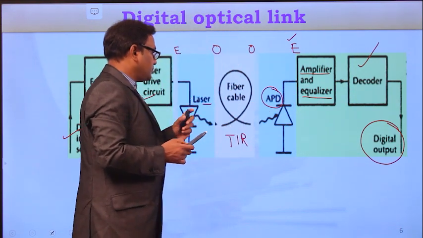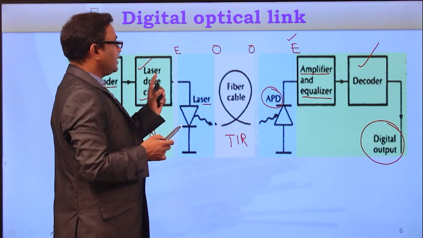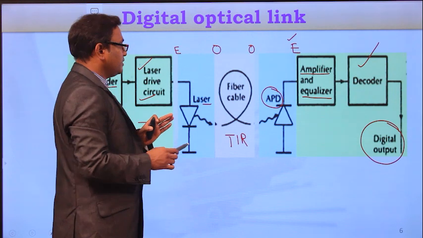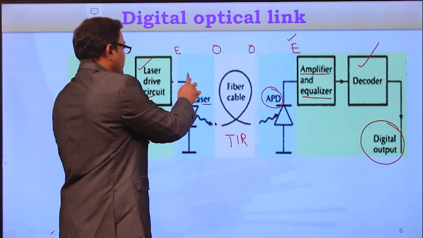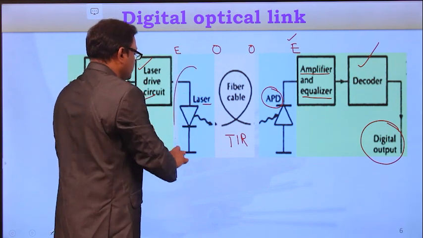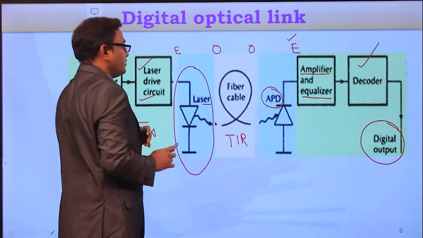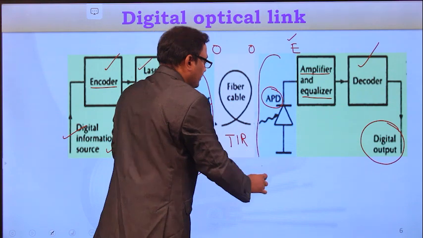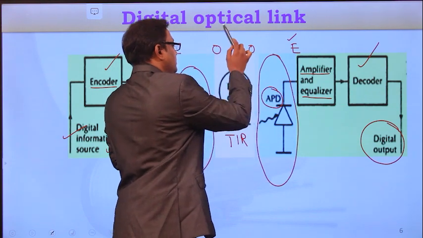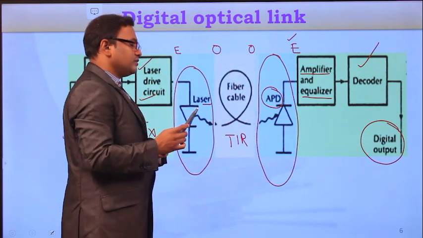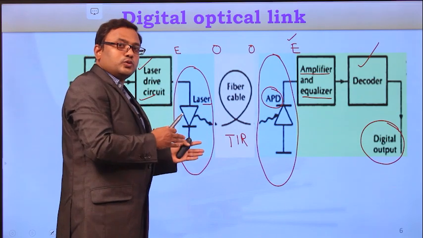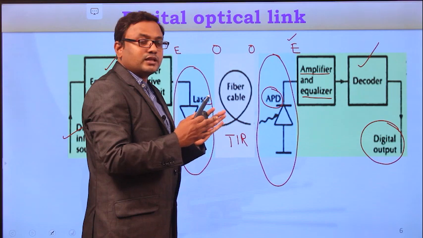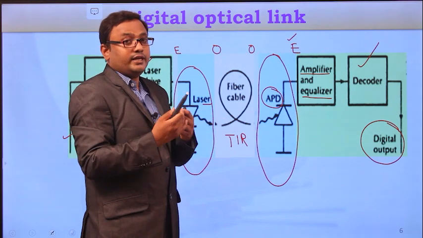If you observe the transmitter section and receiver section, in the transmitter section there is an optical source, which is nothing but the laser diode, and in the receiver section there is a photodiode, which is nothing but the avalanche photodiode. Just observe this: both the optical source and the optical detector are diodes only.